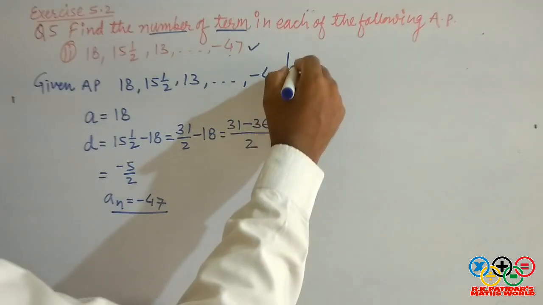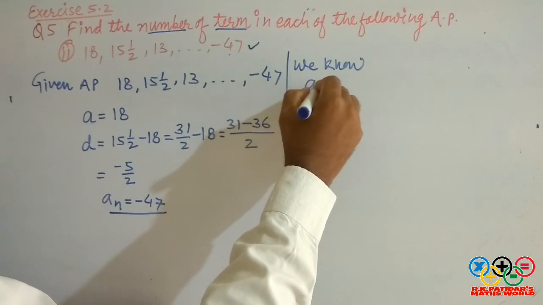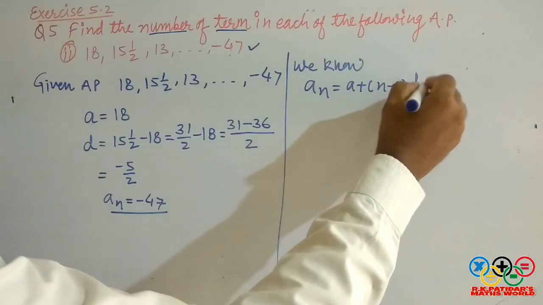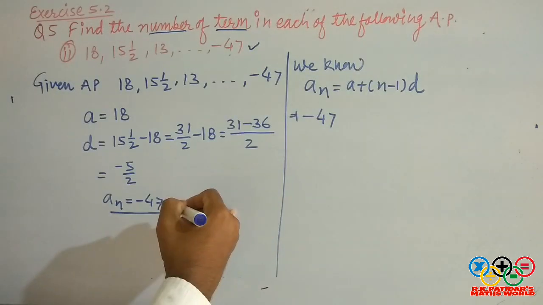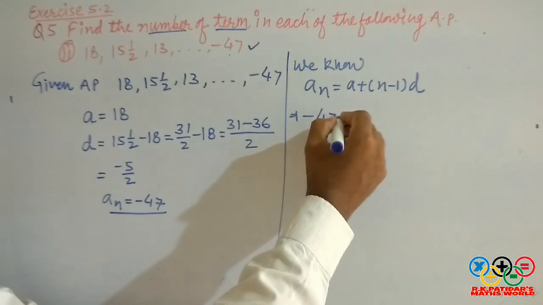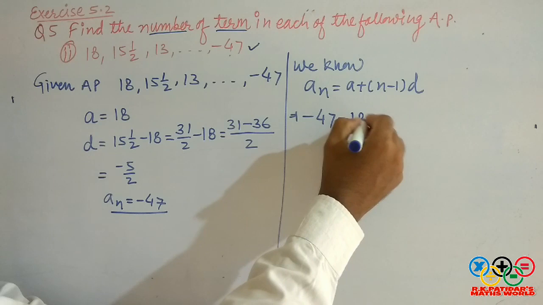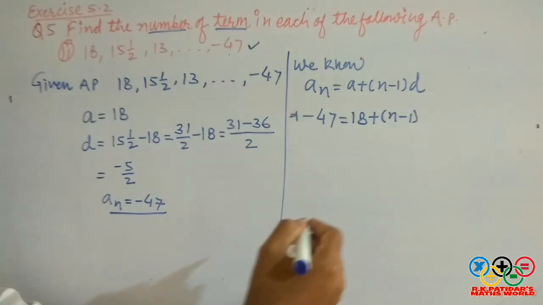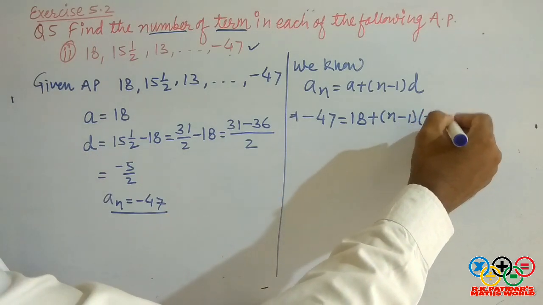So we know that formula. We know that an is equal to a plus n minus 1 d. An nth term is given, it is minus 47, and a, that is the first term, and first term is 18, plus n minus 1 into d. D is what?